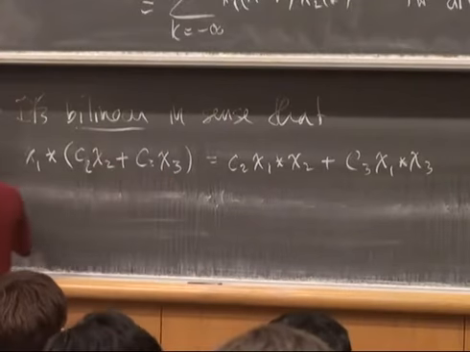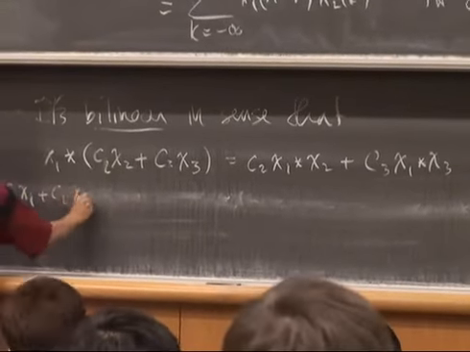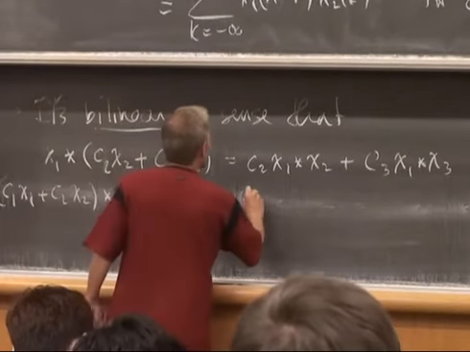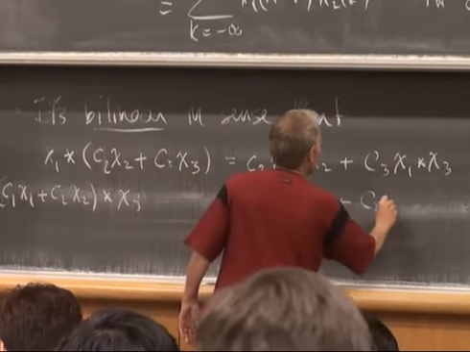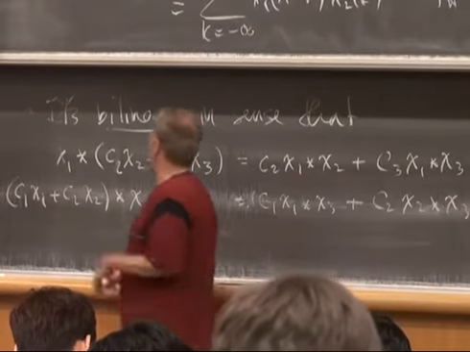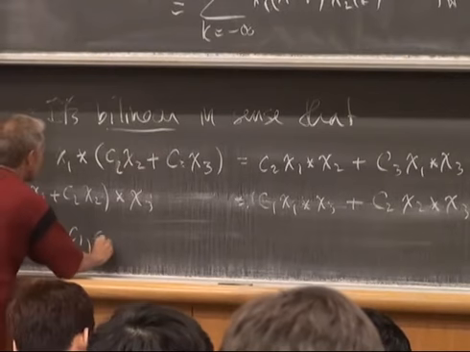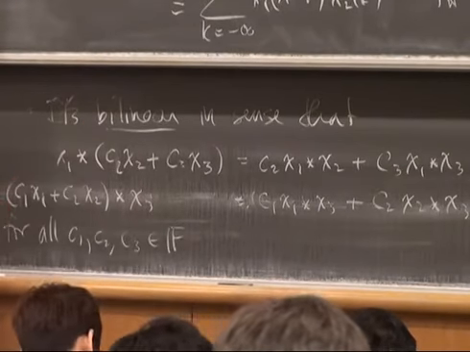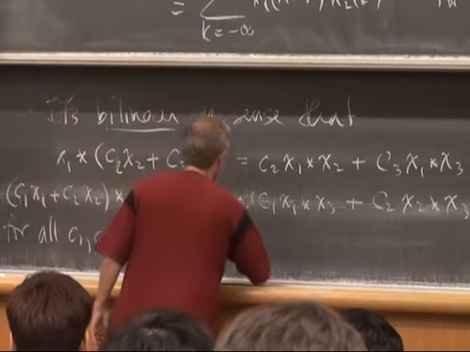And also, if I do it the other way around, like I take C1 x1 plus C2 x2 and convolve that with x3, I get C1 x1 with x3 plus C2 x2 with x3. And this is for all C1, C2, C3 in F, and all x1, x2, x3 in F to the Z, for which the indicated convolutions exist.